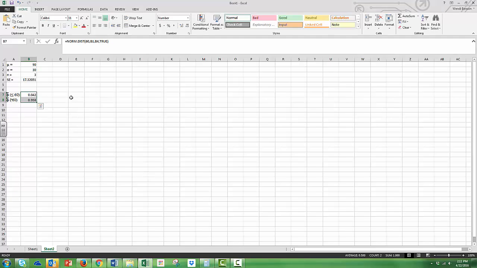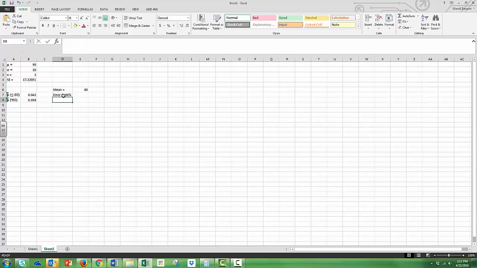So we go into our Excel worksheet, and let's just put in the mean equals 60. We're going to use Excel to find the error for a confidence interval of 90%. And then we're going to take that mean and the error associated with the confidence interval, which is E in the formula, which is basically the z-score times the standard error, but Excel will just give that to you.